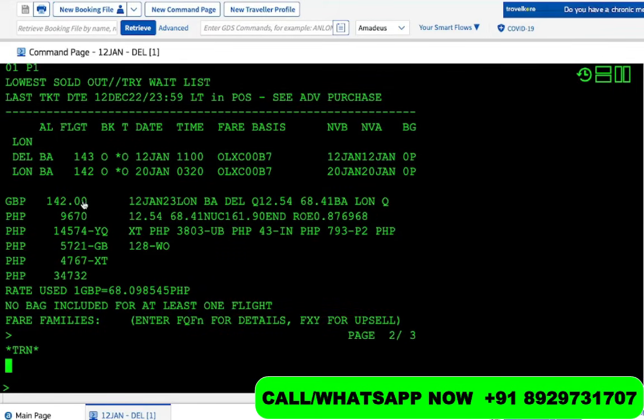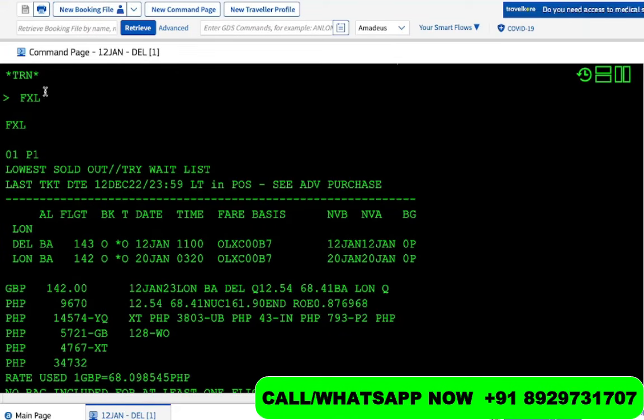Now when we ran FXL, which doesn't mean that this price is available, it just says that this is the most economical price that was ever sold on this flight. So when this passenger goes, he might be sitting next to a person who bought this flight for 34,732. The only reason why his flight is more expensive than the one who bought that one is because this guy bought it late.